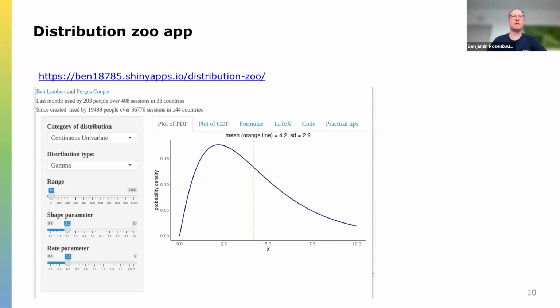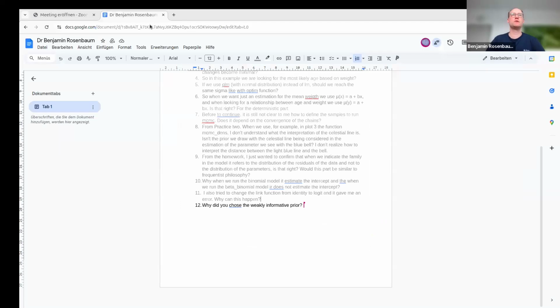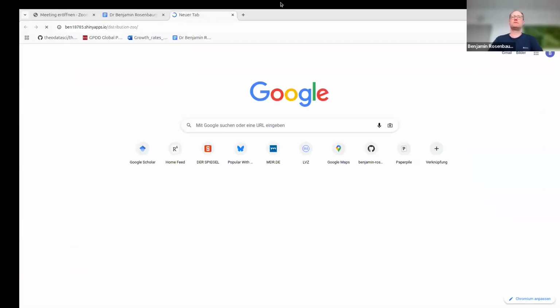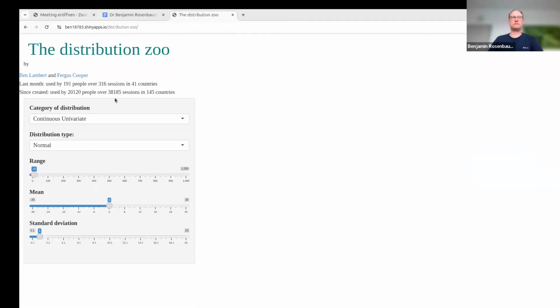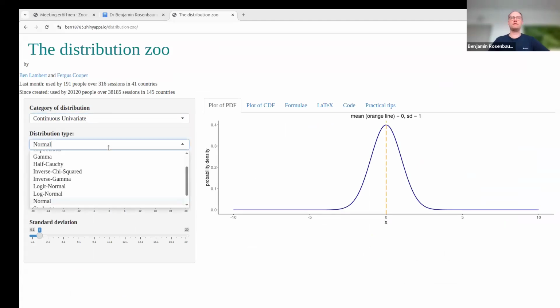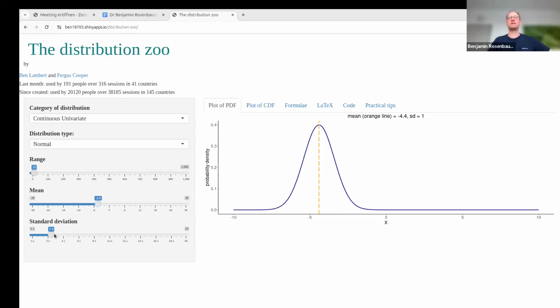There are some nice tools to help you find a distribution. I'm just showing you one or two of them. For instance, a continuous distribution, for instance normal, and then you can play around with the parameters and see what happens.